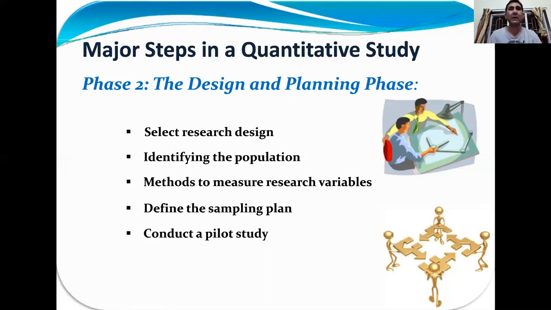So after the designing, we will come to defining the population. What is the actual population for your research project? The whole population is the nursing staff; the nursing staff in the whole of Islamabad is your population. But for your research study, you should go through the target population.